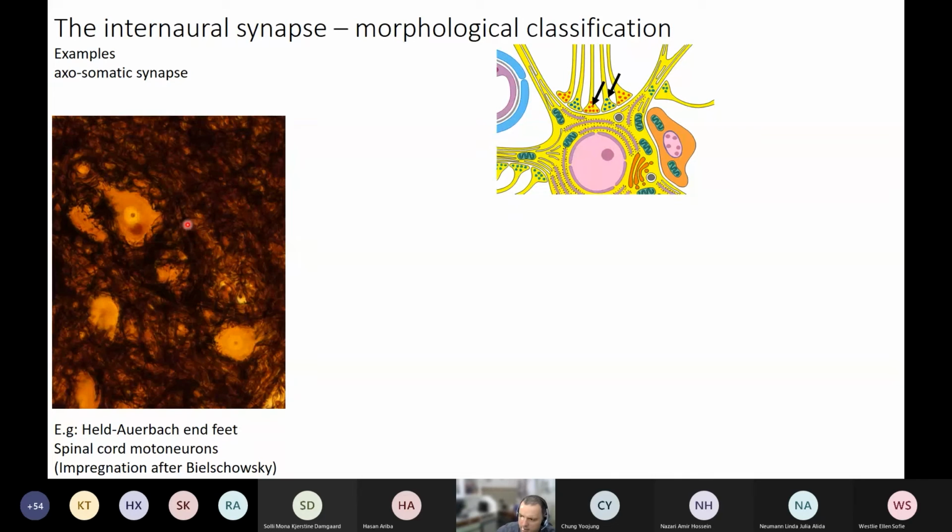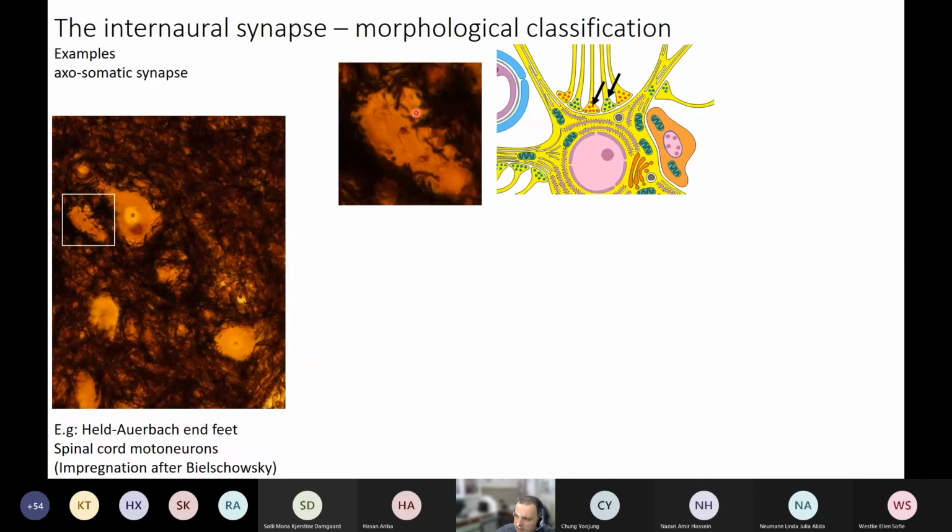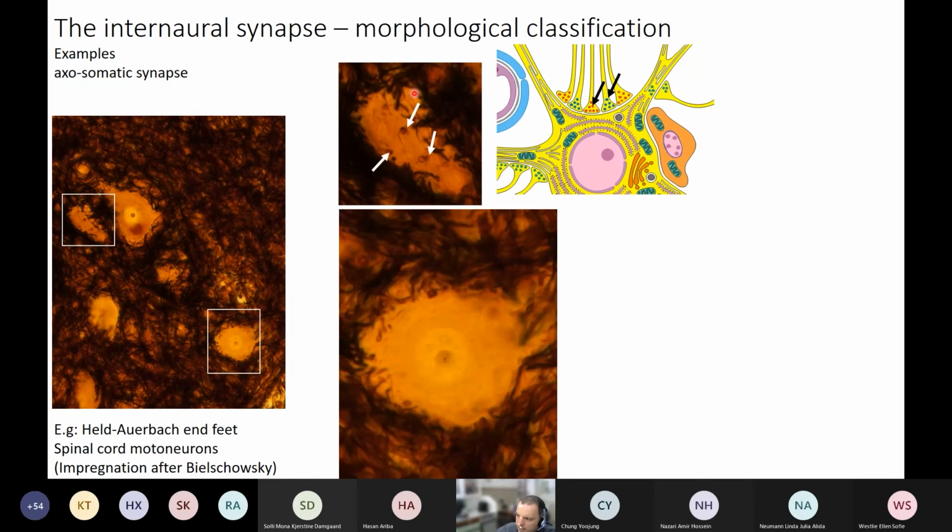Now, if we zoom in into these cells, and if they are conventionally cut, one can observe that there are little oval or round black structures on the surface of the cell. And if we check those out, they correspond to synapses, and the entire cell is almost everywhere covered by similar nerve endings, and they form the axosomatic synapses.